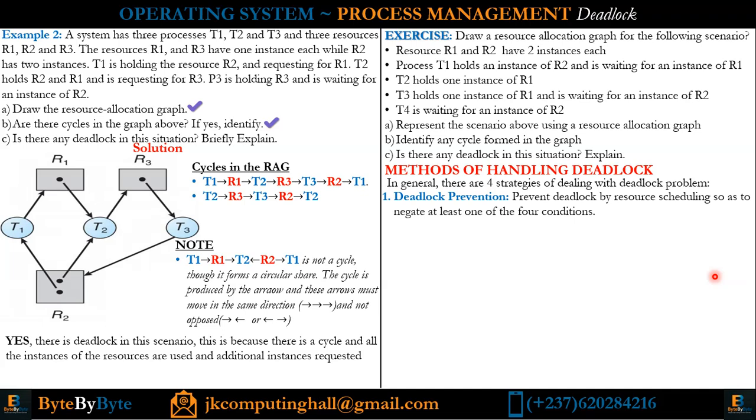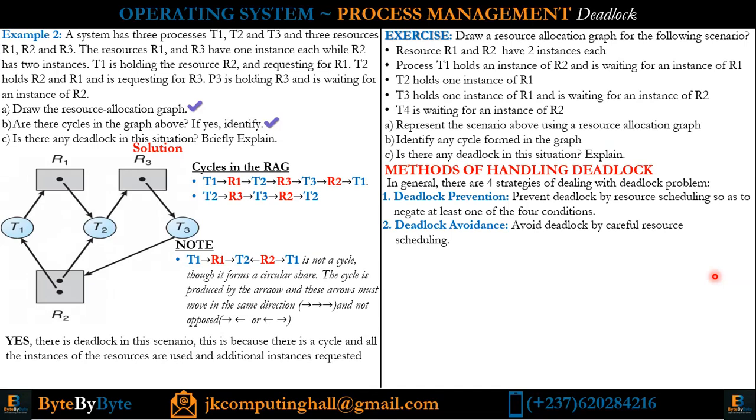Remember that for a deadlock to occur, all the four necessary conditions must simultaneously hold. We have hold and wait, circular wait, no preemption, and mutual exclusion. So deadlock prevention is to ensure that the resource scheduling algorithm we are using is such that one of the conditions does not hold.